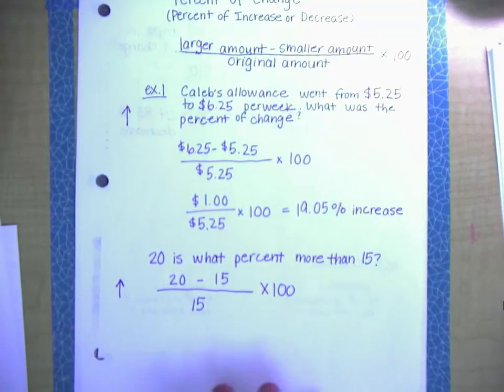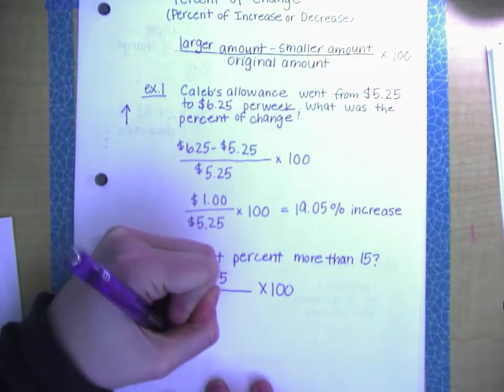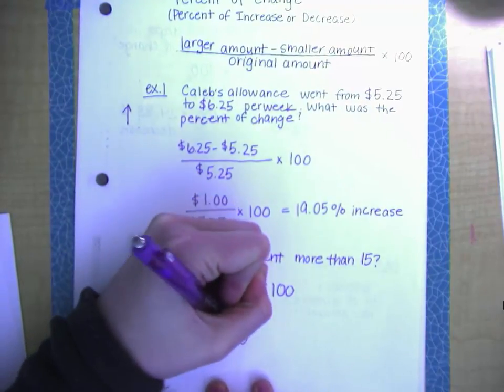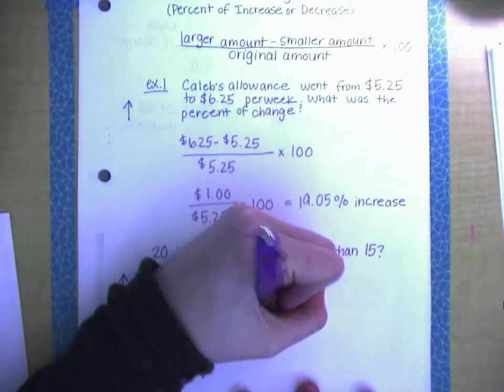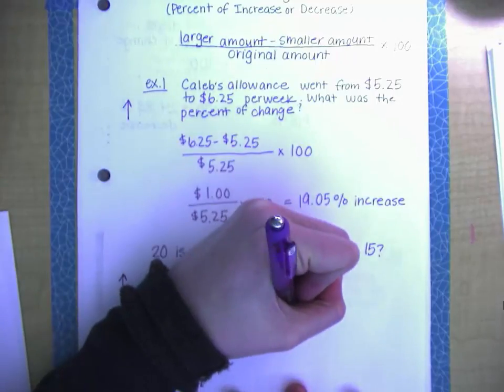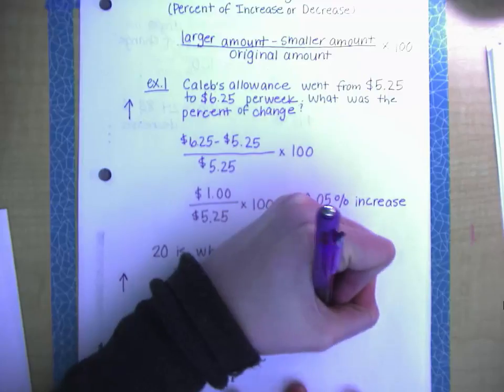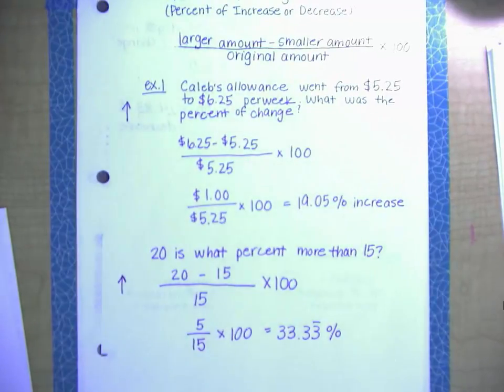Okay? So 20 minus 15 would give us 5 over 15 times 100. And if we multiply that out, our final answer should be what? 33.3 repeated. Remember, we're going to the nearest hundredth.